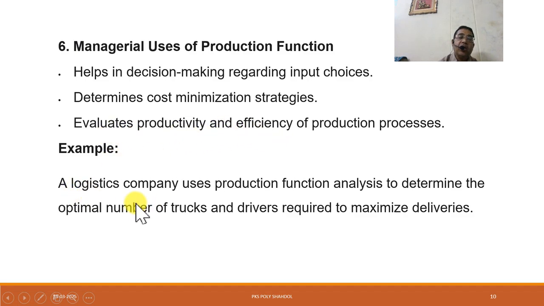For example, a logistics company uses production function analysis to determine the optimal number of trucks and drivers required to maximize delivery.